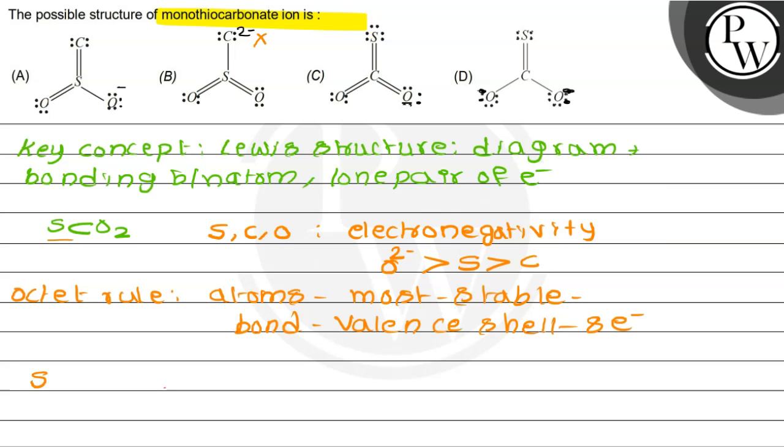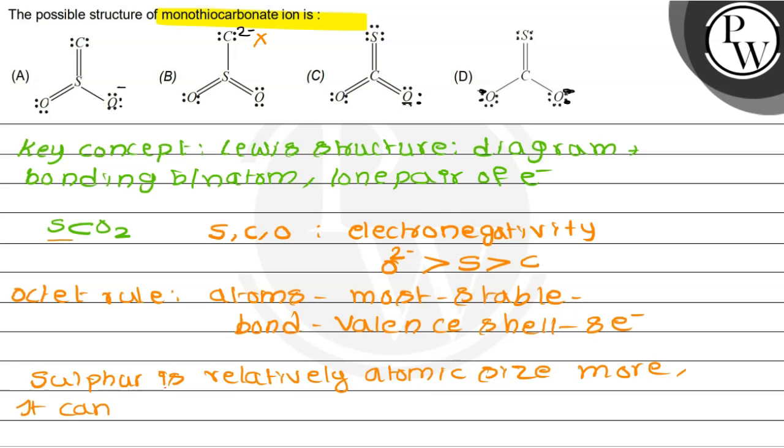Sulfur is relatively large, meaning its atomic size is more, so it cannot form a strong bond with oxygen.